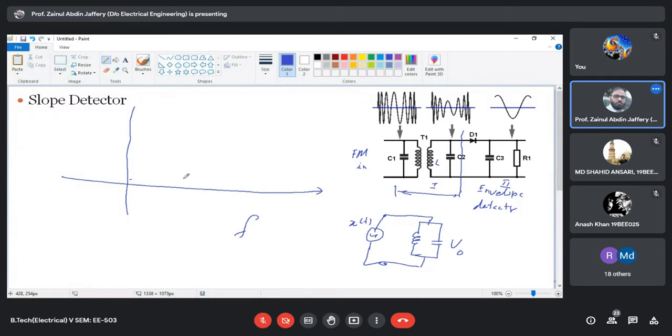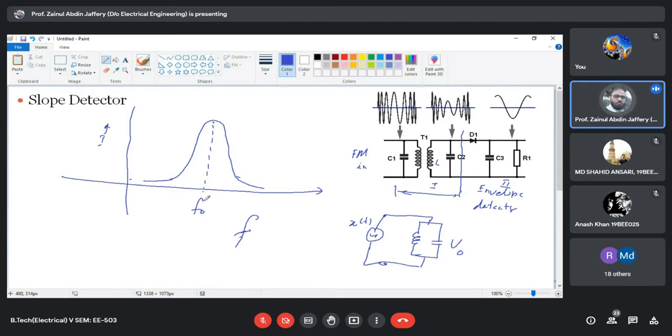If you plot this circuit, it is like this one. This is your frequency, and this you can find out as current or voltage, doesn't matter. This is your F0.